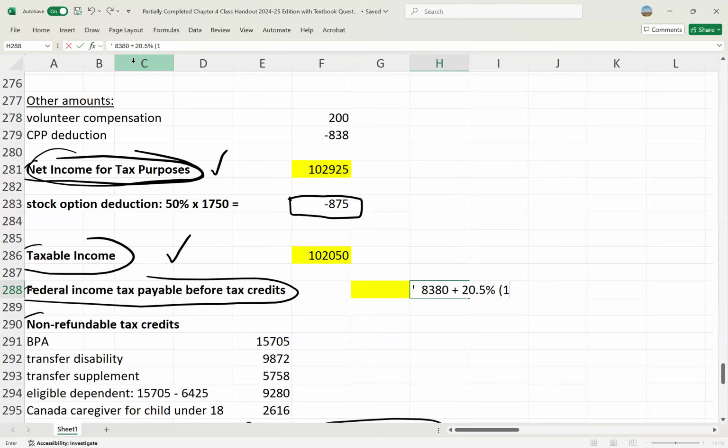And that's just going to be the difference of 102,050 and the amount given on the rates table. So let's see what we get there.